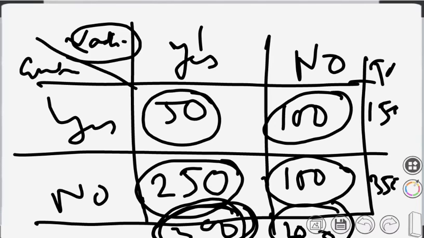This can be tested by the degree of association or degree of independence, the chi-square test. This is a question where we can use chi-square as degree of association. So how to do it? Please write down the null hypothesis and the alternate hypothesis.